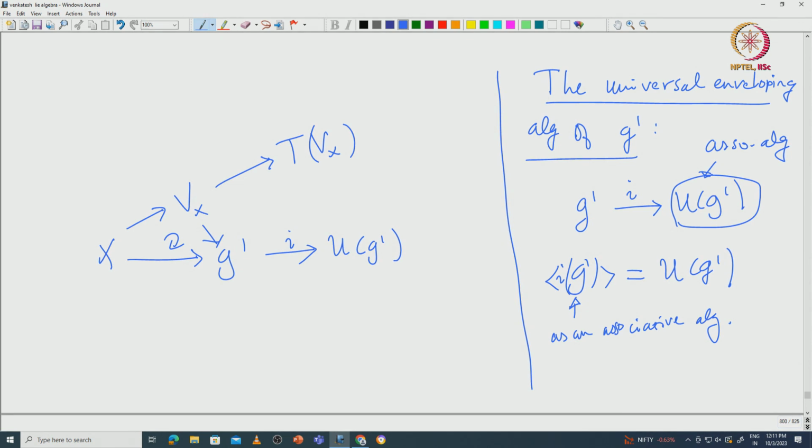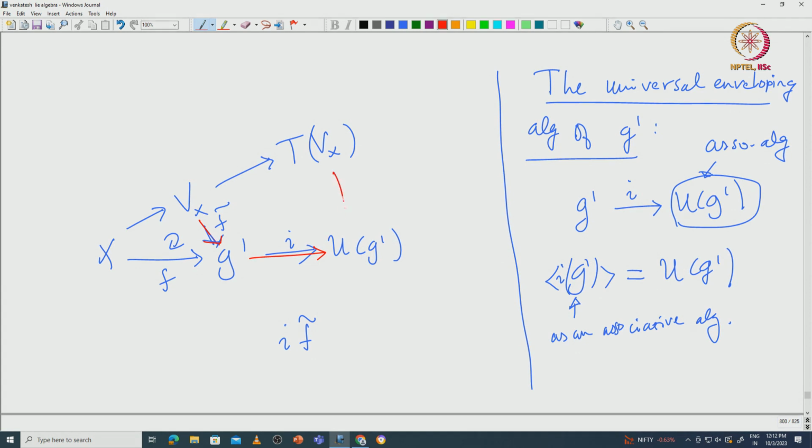Taking the composition of iota with f tilde, this defines a map from Vx to Ug dash, which is an associative algebra.